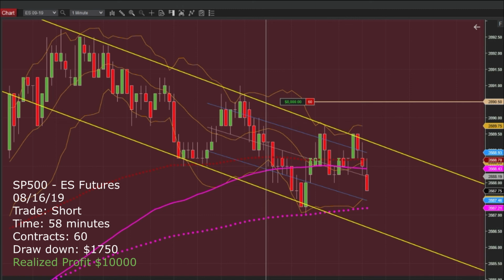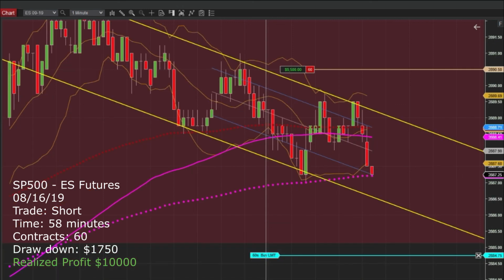It's beginning to wear on my patience and causing me to want to take profit here shortly, as we are loaded with 60 contracts and we are in significant profit. Once having 9,500 profit and missing our fill by one tick.